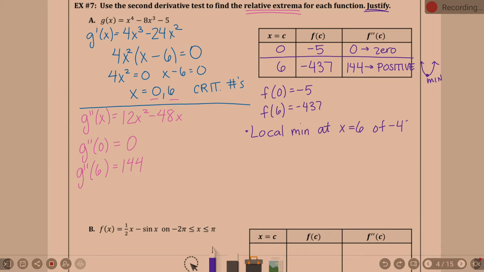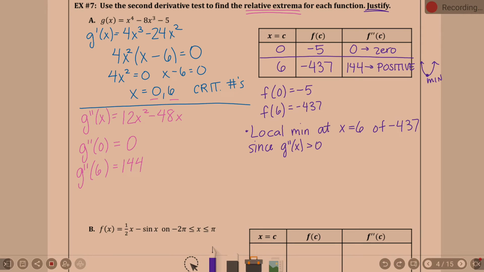That is very minimum. It's a very low number. And why is this? This is because, or since, the second derivative is greater than 0. I always have to stop and think about this one.